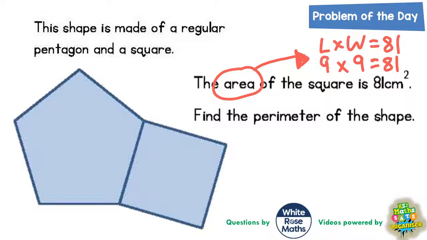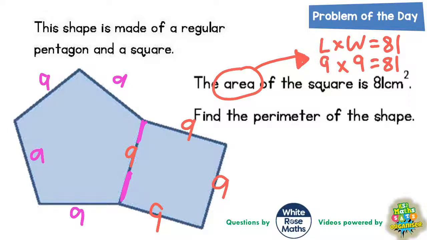So what we might as well do now is write 9s on all sides of the square. But this side of the square that I'm now highlighting in pink is also a side on the pentagon. So if that side is 9, all the sides on the pentagon must also be 9.